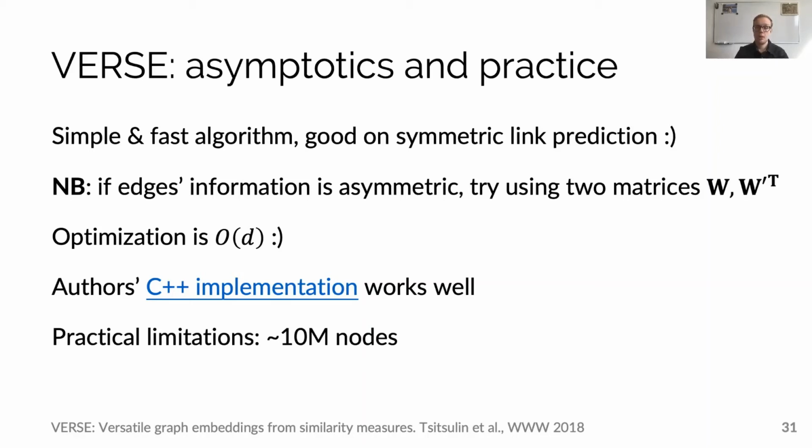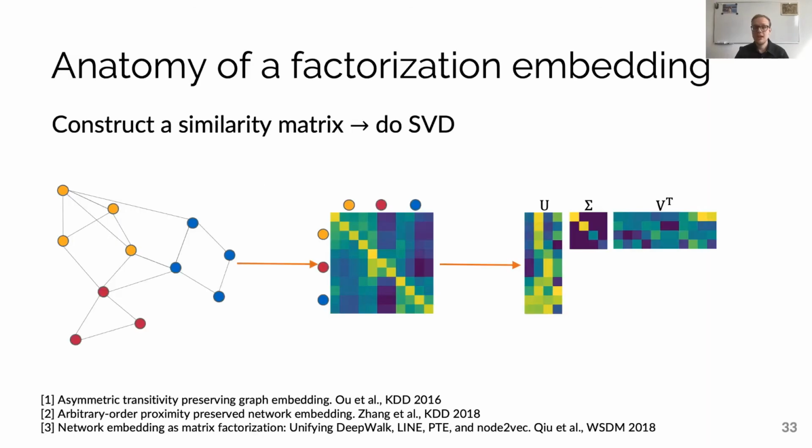So we covered 4 different papers for node representations. Now I want to take a different perspective and talk about factorization, or matrix factorization based embeddings. The basic idea of those is that we construct some similarity matrix between pairs of nodes, and then we decompose it.